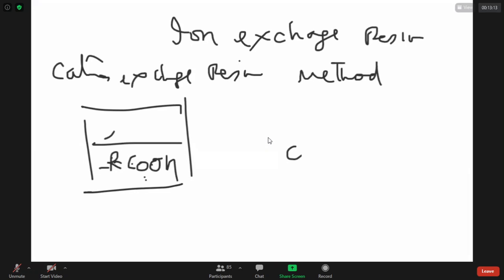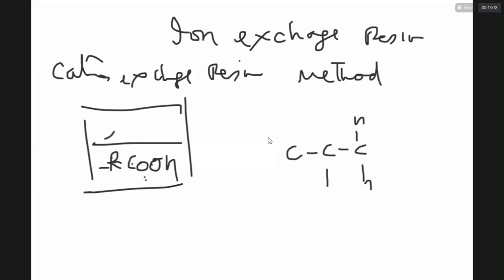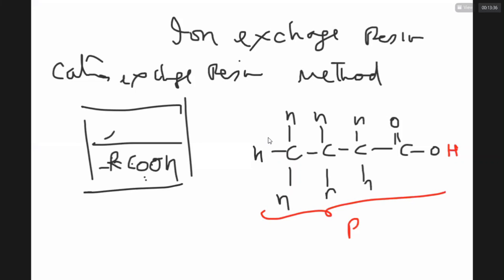R can be a carbon chain with hydrogens. It can have 3 carbons, 4 carbons, 5 carbons, 28 carbons, I don't care. Simply I call it RCOOH. This is the cation exchange resin.